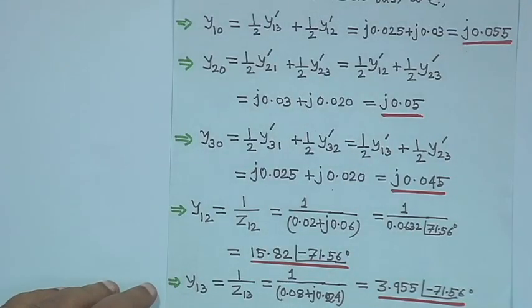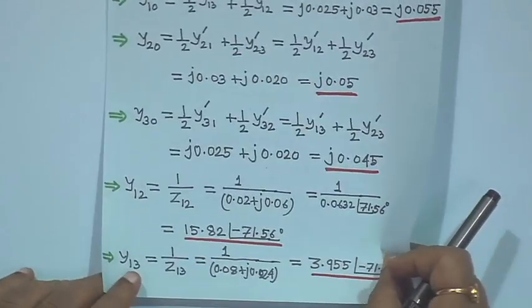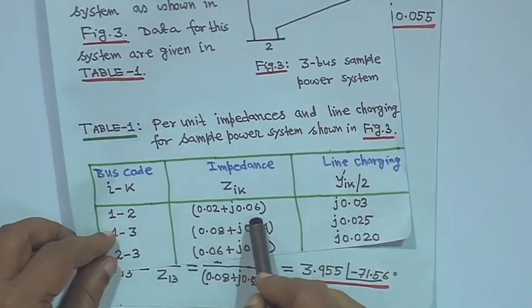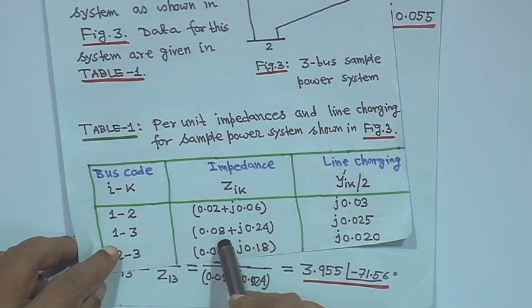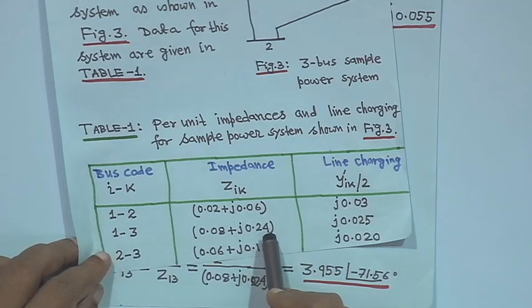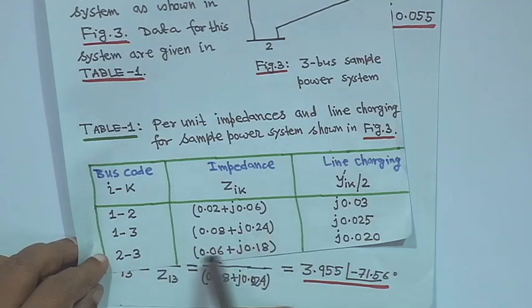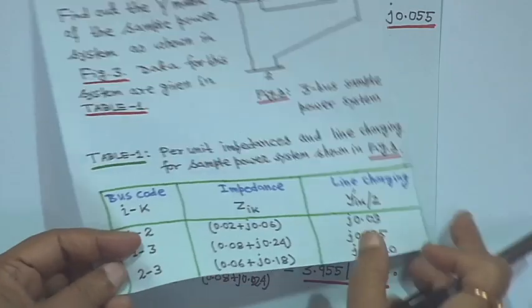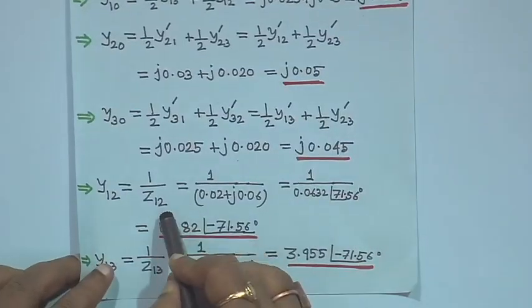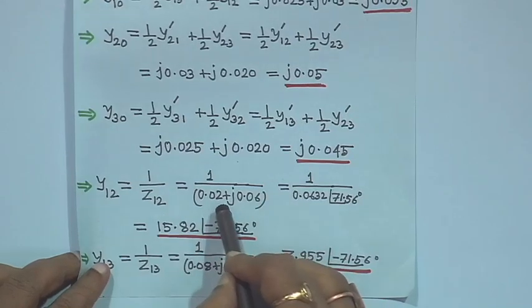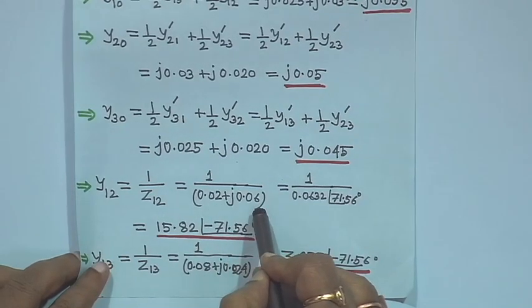Now, next you compute small y12, because z12 is 0.02 plus j0.06 is given, z13 is 0.08 plus j0.24 is given, and z23 is 0.06 plus j0.18 is given. Therefore, y12 is equal to 1 upon z12, that is 1 upon 0.02 plus j0.06.